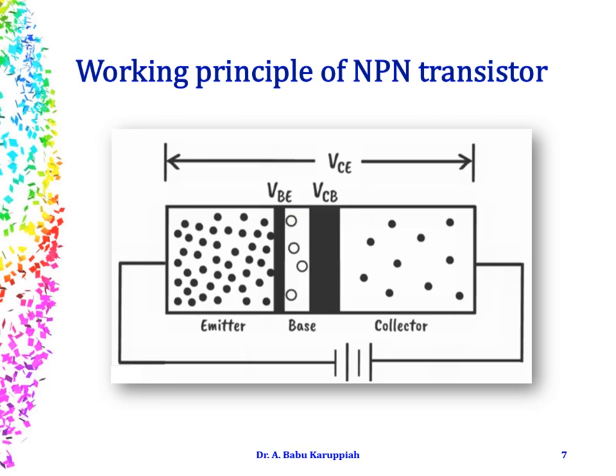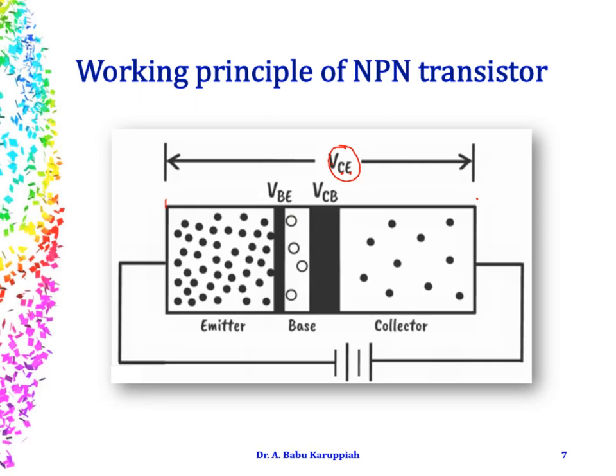The voltage drop across the emitter and collector terminals is denoted by VCE, which will be equal to the voltage drops across these junctions.